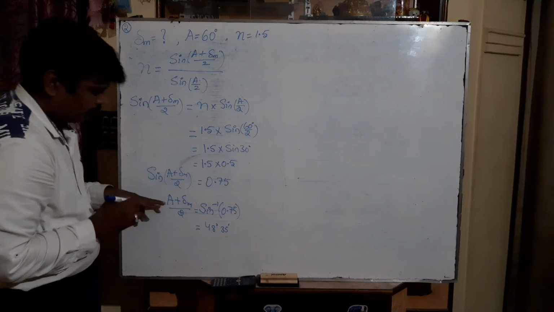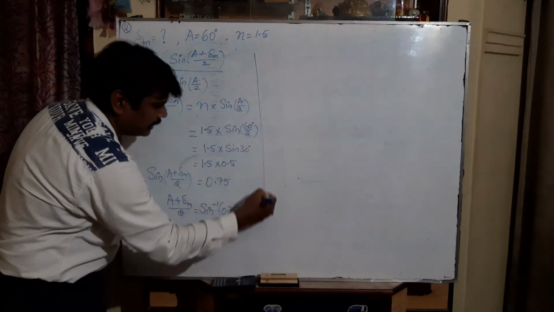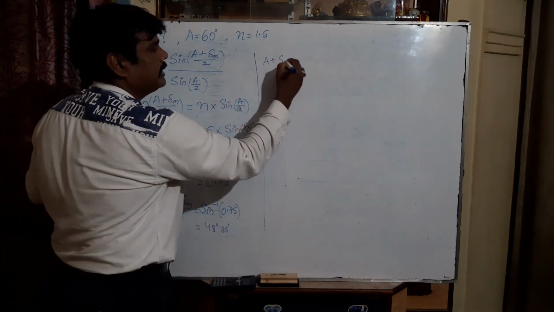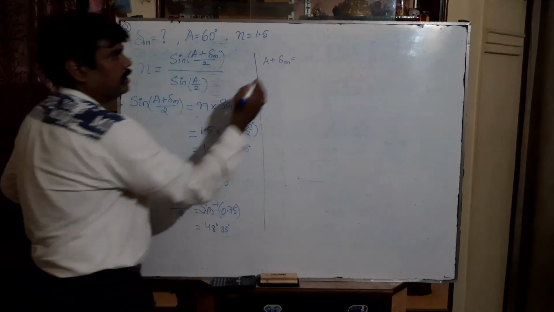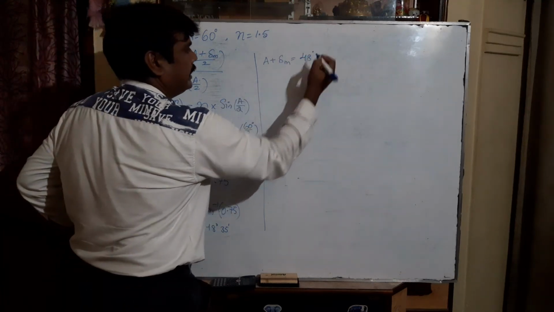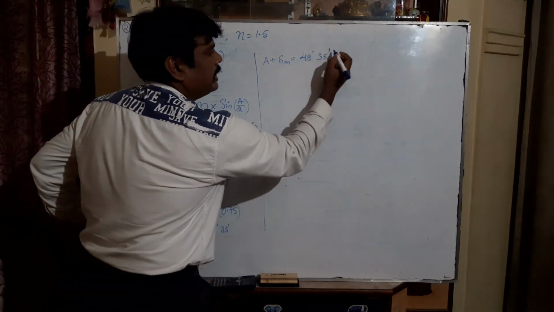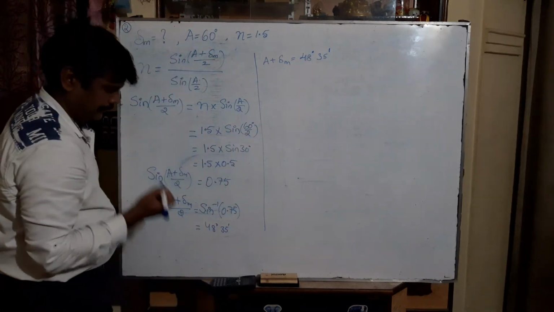But we want to simplify it for delta m. So A plus delta m is equal to, taking the cross multiplication, 48 degree 35 minutes into 2. You know how to represent minutes: this bar represents minutes, this bubble represents degree.